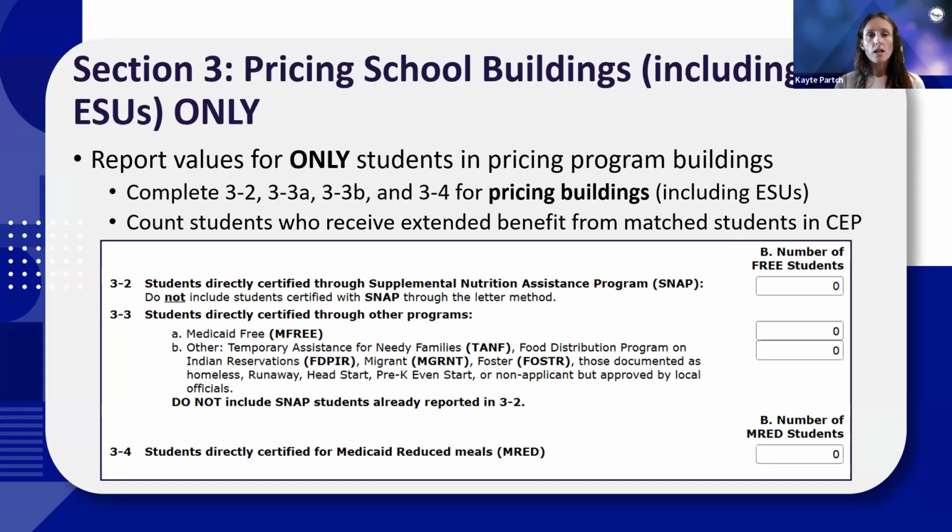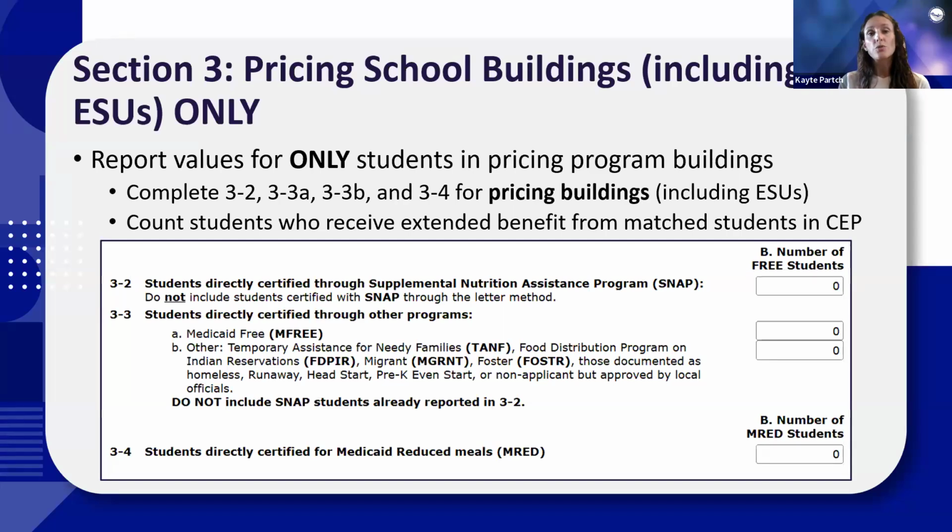If a district has a mix of CEP, non-pricing, and pricing buildings, a CEP school student is directly certified and has another student who lives in the same household as them who isn't themselves directly certified but can receive the extended meal benefit because of the directly certified student in the CEP school, that student who receives the extended meal benefit does need to be counted in the appropriate category from which that benefit was extended and then reported in section 3.